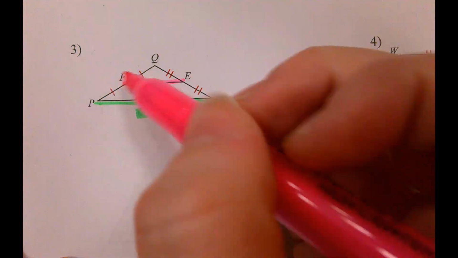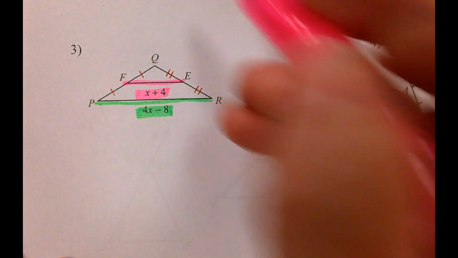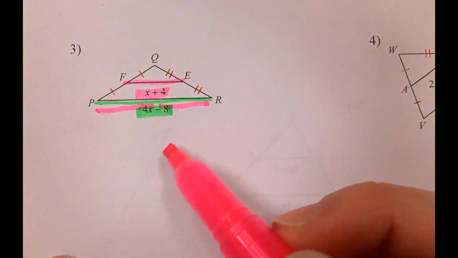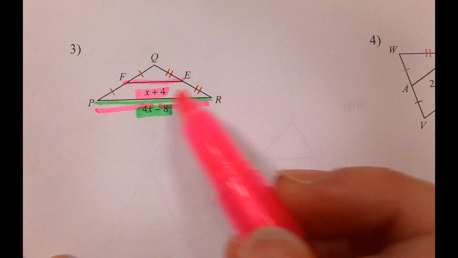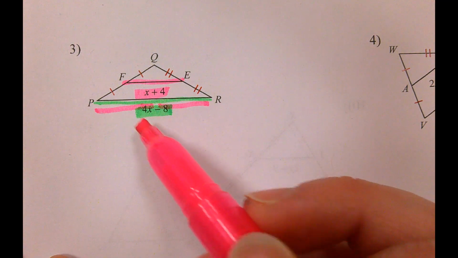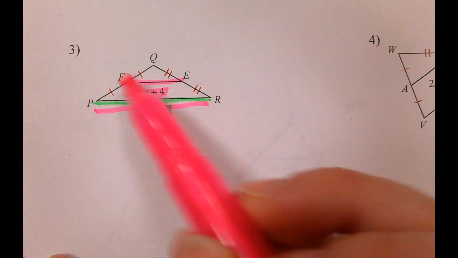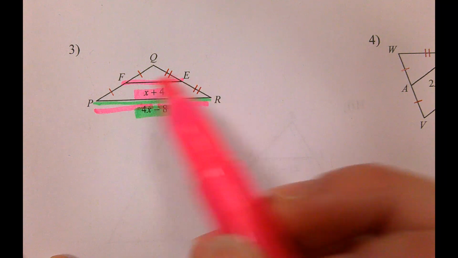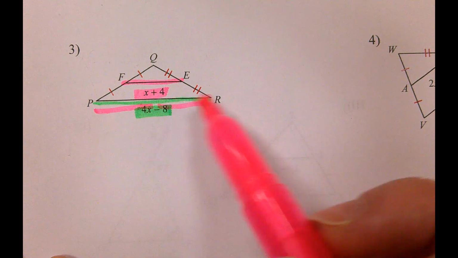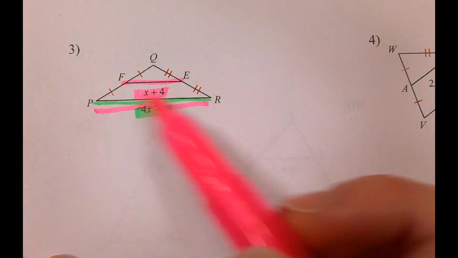So this pink line, if I were to double it, it would be equal to the green line. I can fit 2 x plus 4s inside of 4x minus 8. So what that means is that 2 of these, 2 mid-segments, is equal to 1 of the longer segments.